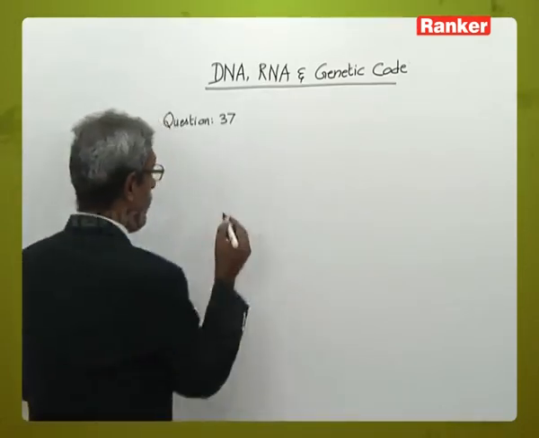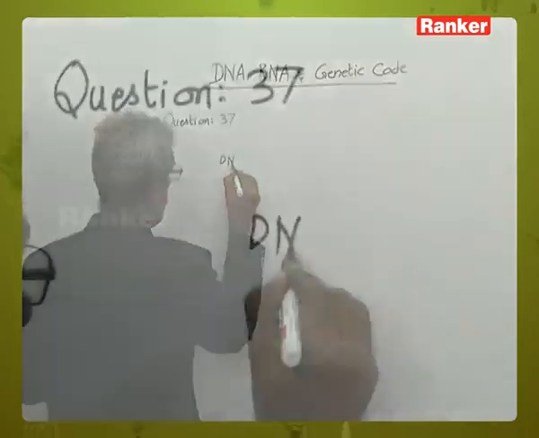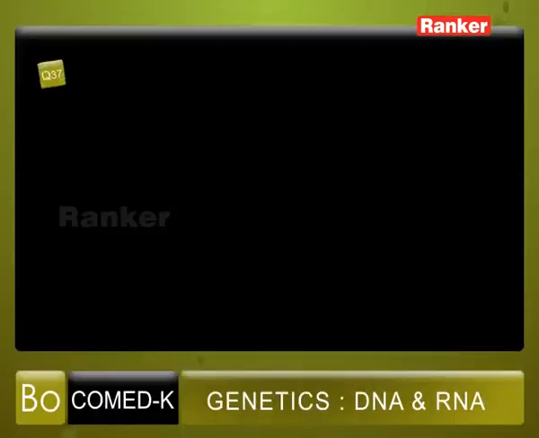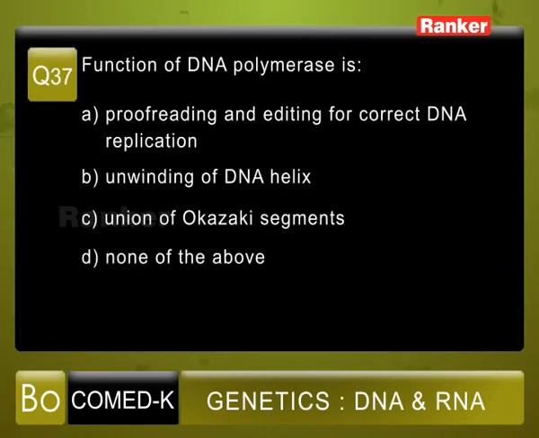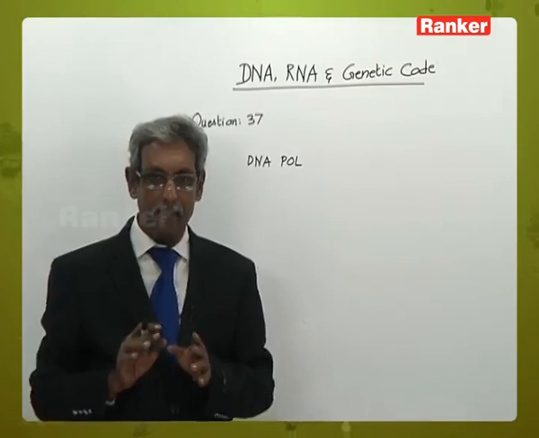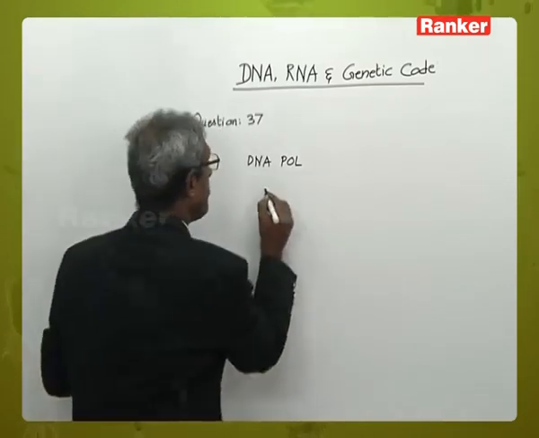What exactly is the function of the DNA polymerase? Choice A is proofreading and editing for DNA replication, B is unwinding the DNA helix, C is union of Okazaki fragments, and D is none of the above. Now DNA polymerase primarily helps in proofreading.